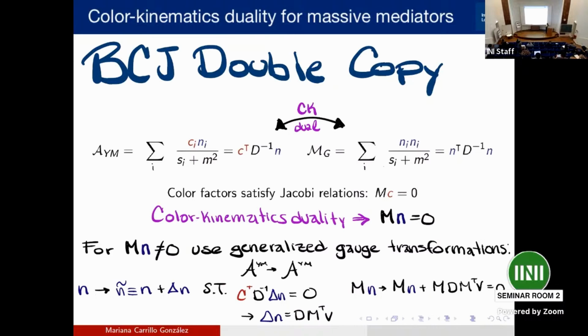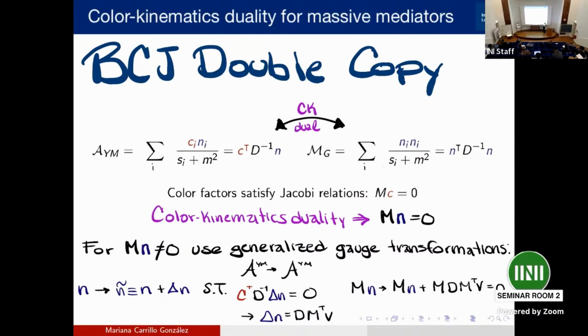So let's understand why. Let's take my kinematic factor n, shift it by some delta n, and assume that it leaves the amplitude invariant, which means that if I put this delta n in this equation here, that should give me 0. And for that, I can use the fact that we have Jacobi relations. So MC is equal to 0.